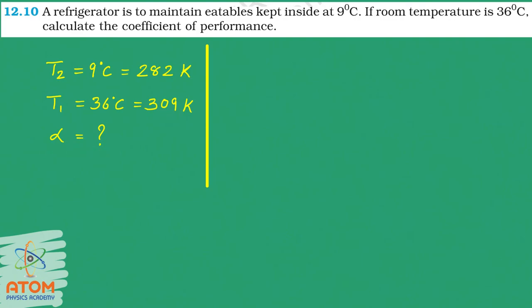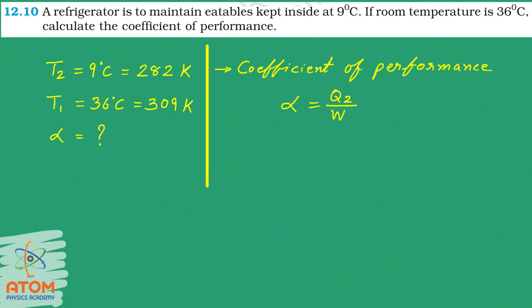We need to find alpha, that is the coefficient of performance. Now the coefficient of performance for a refrigerator is alpha equal to Q2 by W. If you have been given, let us say, a heat pump, then it will be Q1 by W. Here alpha will be Q2 by W for a refrigerator. But as you know, W is Q1 minus Q2. So here this is Q2 upon Q1 minus Q2. Now we know that Q is always proportional to temperature.